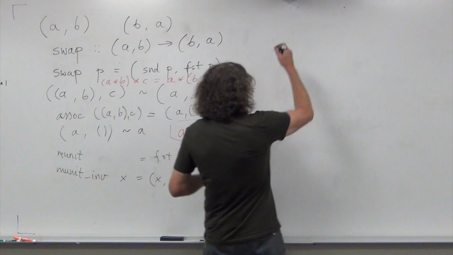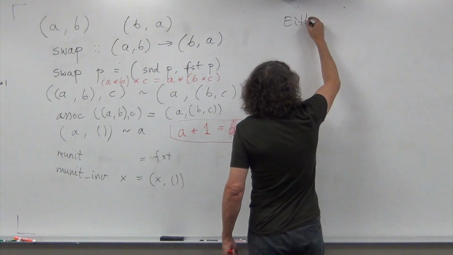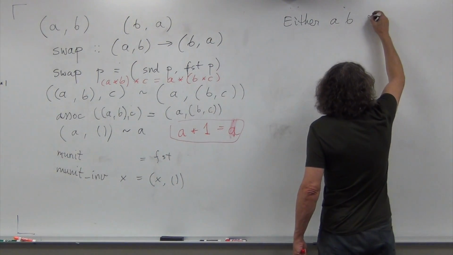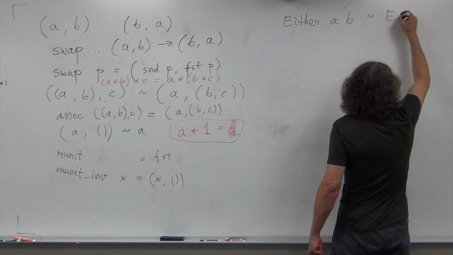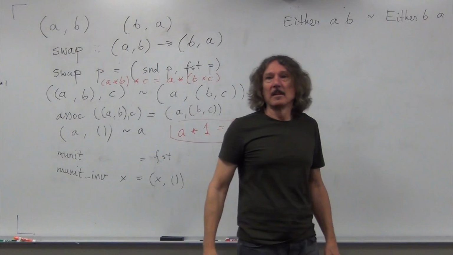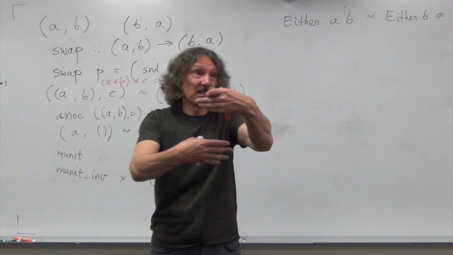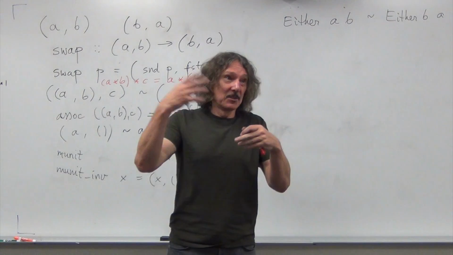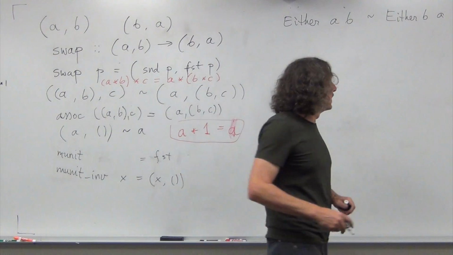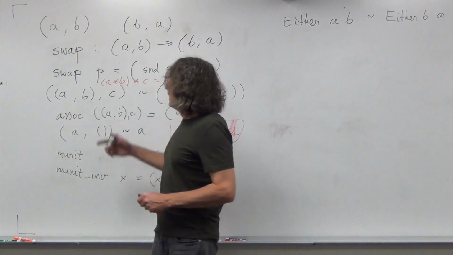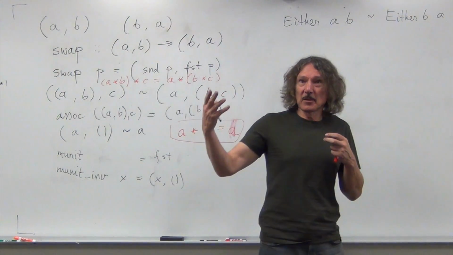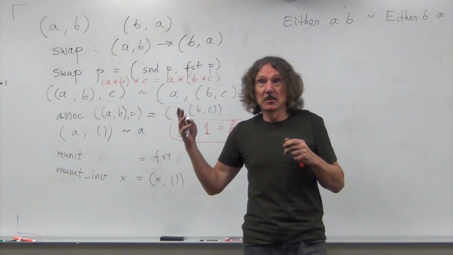If you take Either A or B, that's isomorphic to Either B A. And the isomorphism is you pattern match on Left and Right, and you return Right and Left. Not a big deal, right? Similarly, it's also associative up to isomorphism.